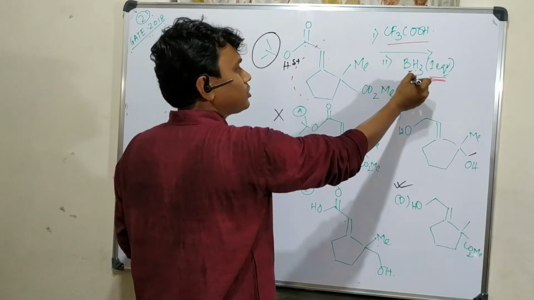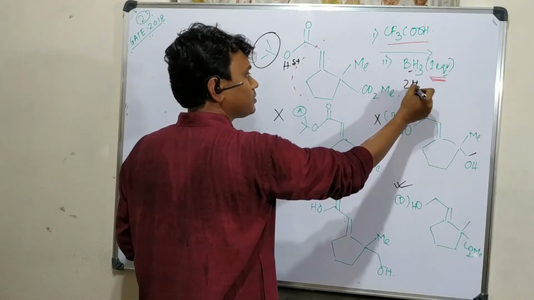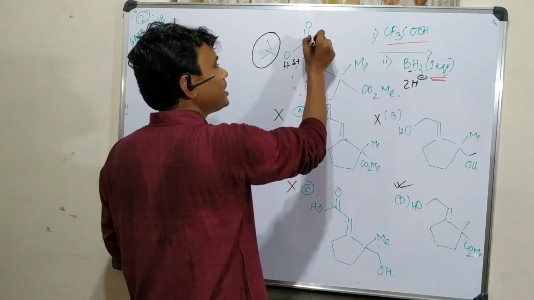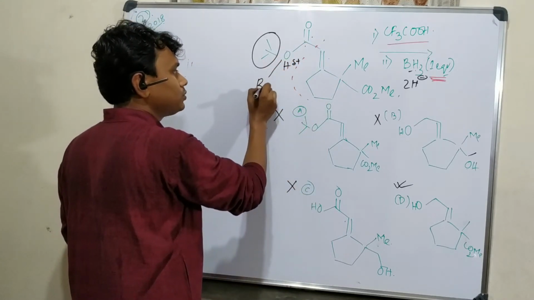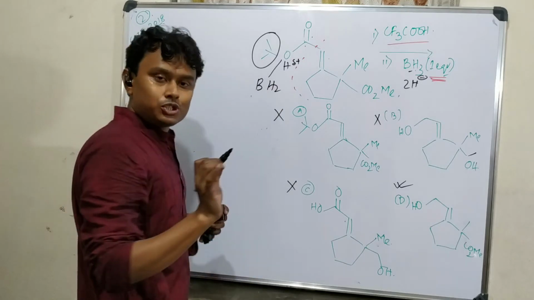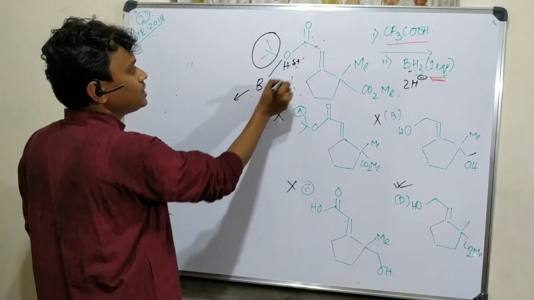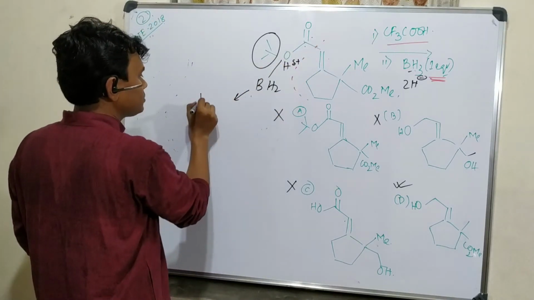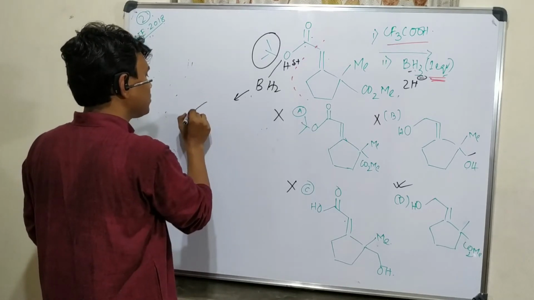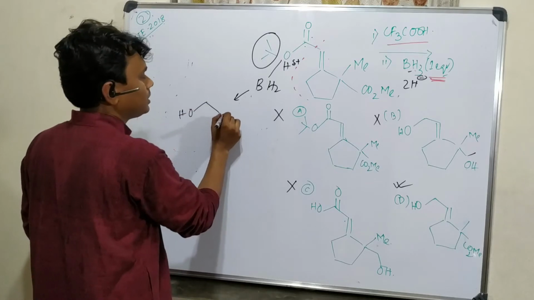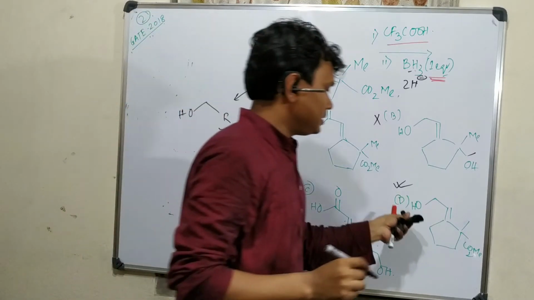So 2 hydrides are left, and those 2 hydrides will reduce this to the alcohol. Why? Because O minus will be attached to BH2. So in short, this BH2, this O minus will reduce this into OH. So rest of R, here this is the only product.